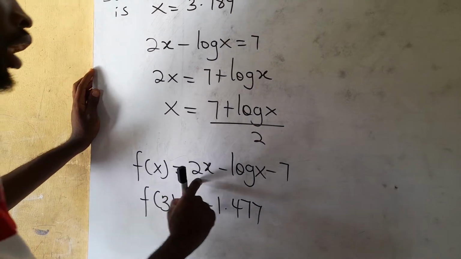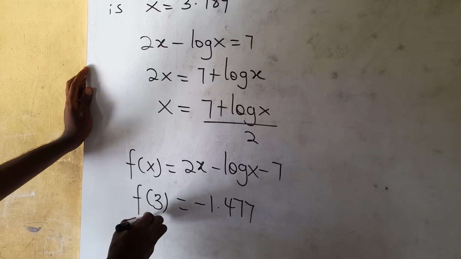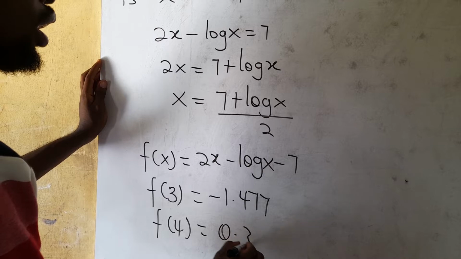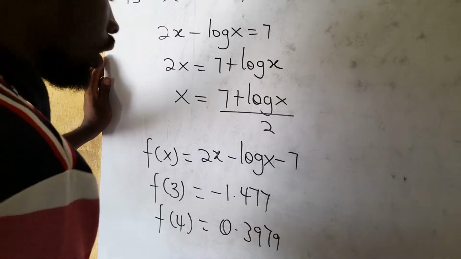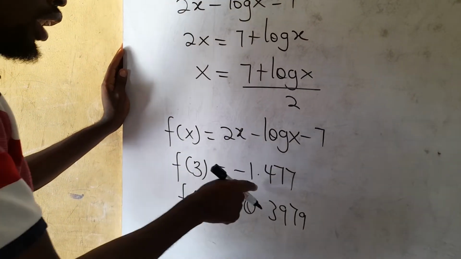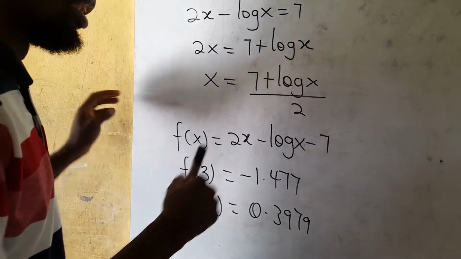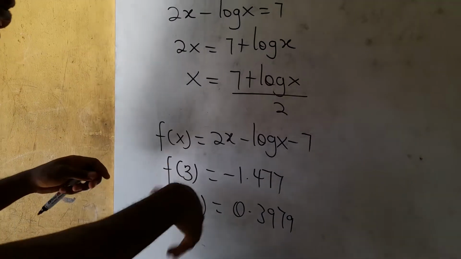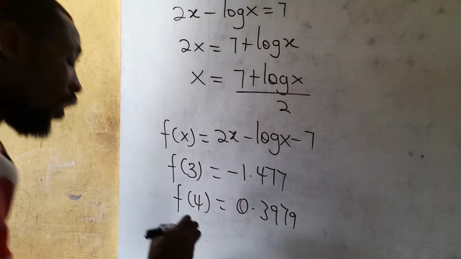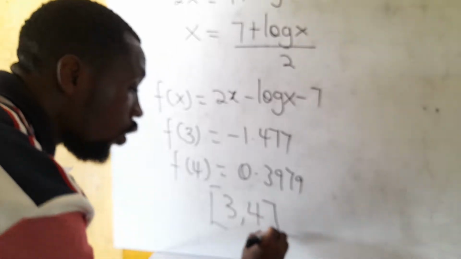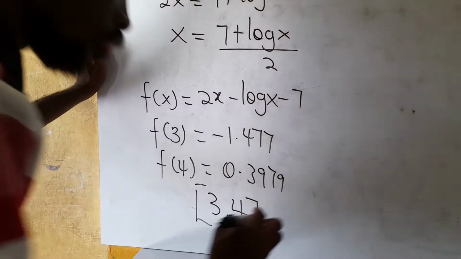That's substituting 3 in place of x here. And f of 4 will give us 0.3979. So since f of 3 is negative and f of 4 is positive, it implies that at least a root exists within the interval 3, 4.